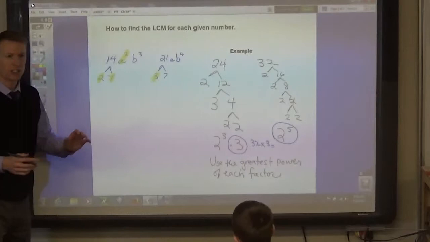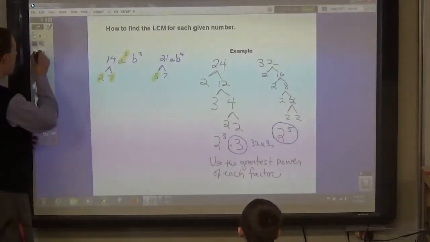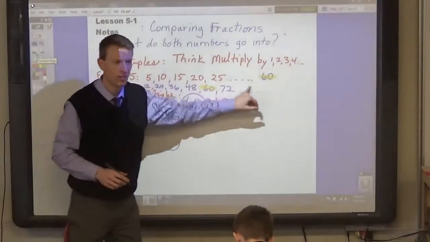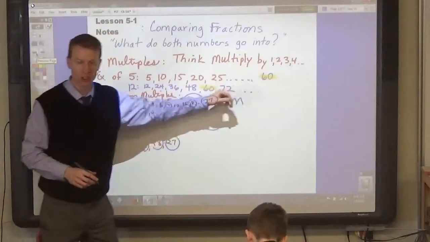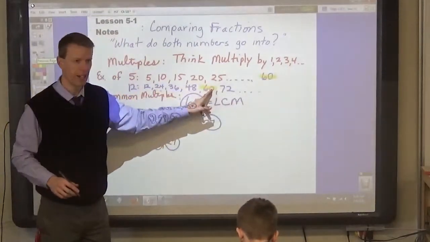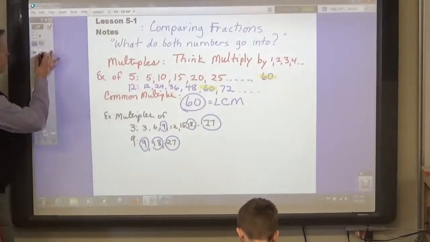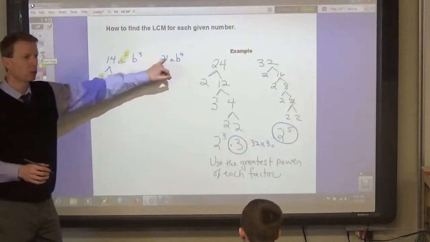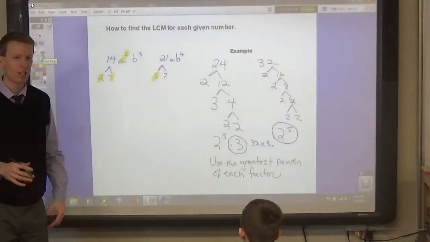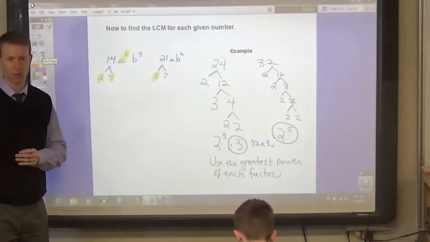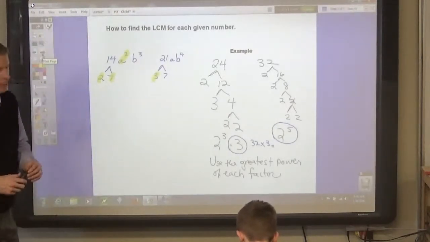We talked about on the first page how to find it. One way is to list the multiples and then circle the lowest one. But if you have numbers like 14 and 21, you can't just see what the lowest common multiple is from your knowledge of the basic facts.